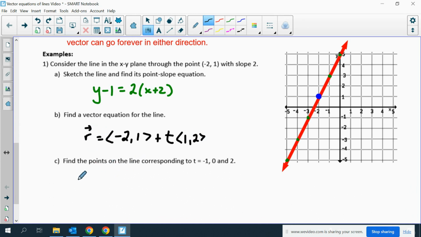Now let's find the points on the line that correspond to when t equals -1, t equals 0, t equals 2. You just plug in t equals -1, you get (-2, 1) minus (1, 2). So notice that would be a vector taking you this way. So that would put you at (-3, -1).